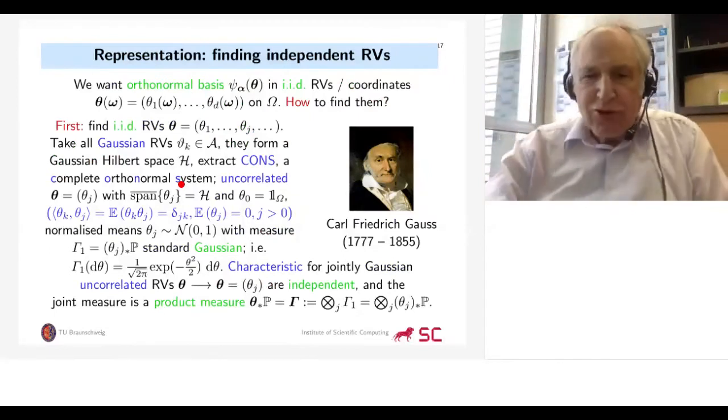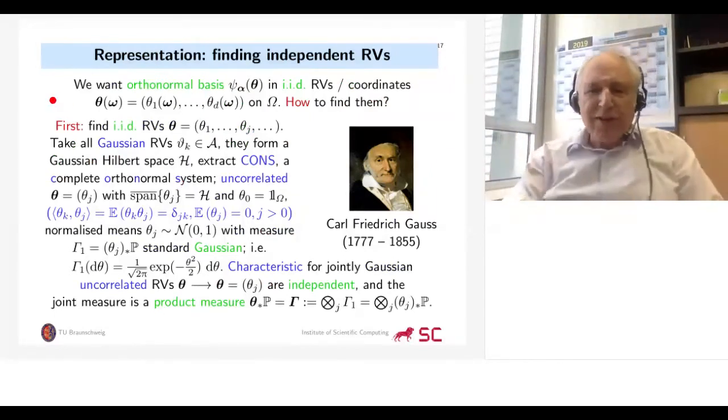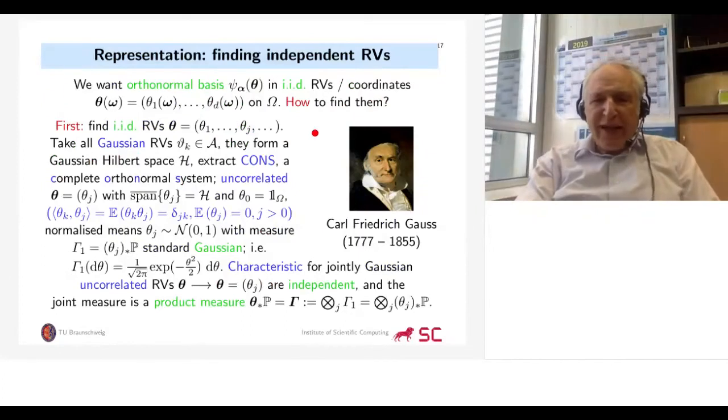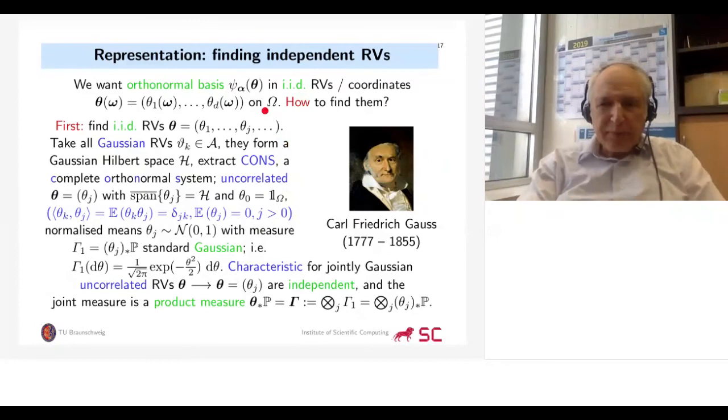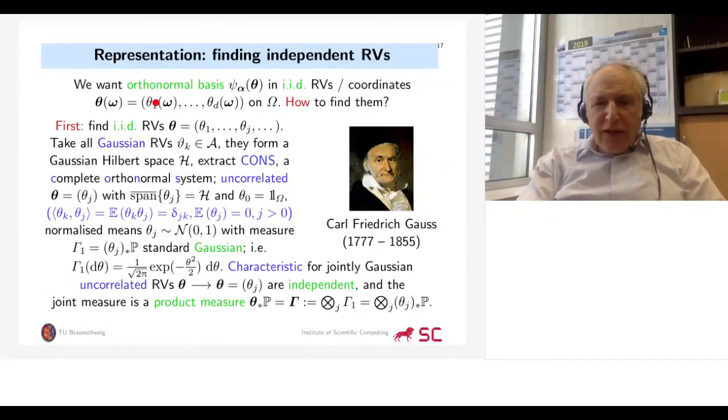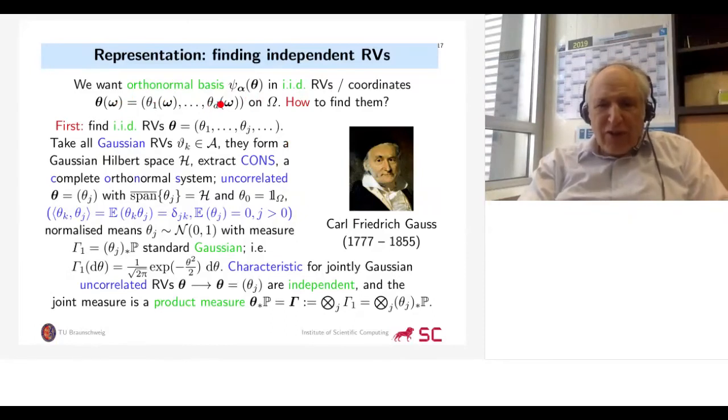But the historical first thing was to express this in Gaussian random variables, called after Carl Friedrich Gauss. So how to find these coordinates, identical, independent, distributed coordinates on omega, which describe every function on omega. Then we want to have functions in these variables.